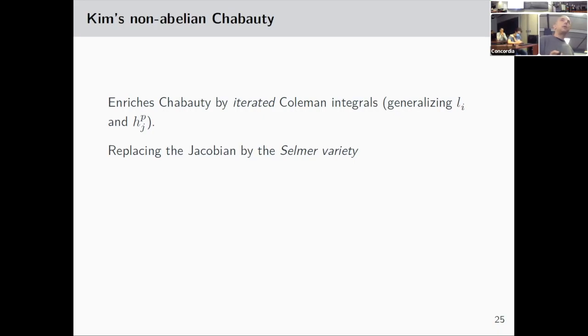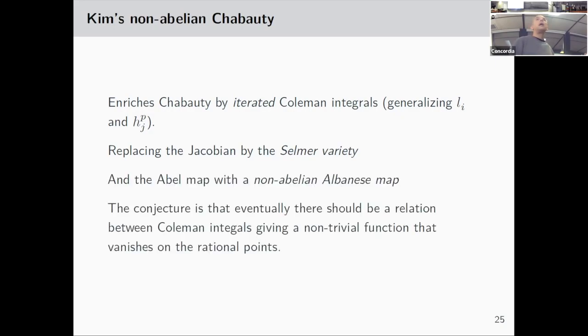That's why it's called Quadratic Chabauty. But you could have more complicated Coleman integrals. That would be a very general thing. Then you have to replace the Jacobian by something called the Selmer variety, which is a complicated construction of Kim. And you have to replace the Abel-Jacobi map by the so-called non-abelian Albanese map, which for some reason people started calling the non-abelian Kummer map now.